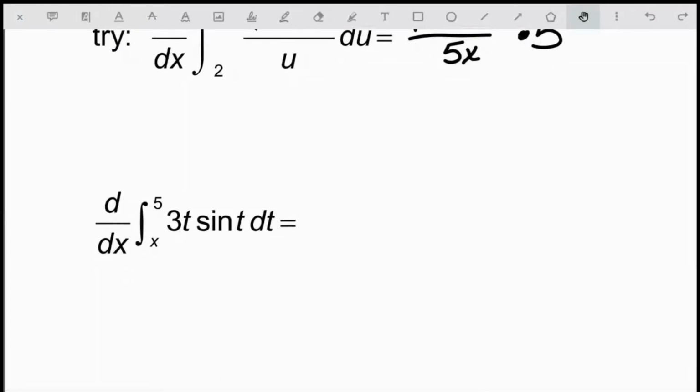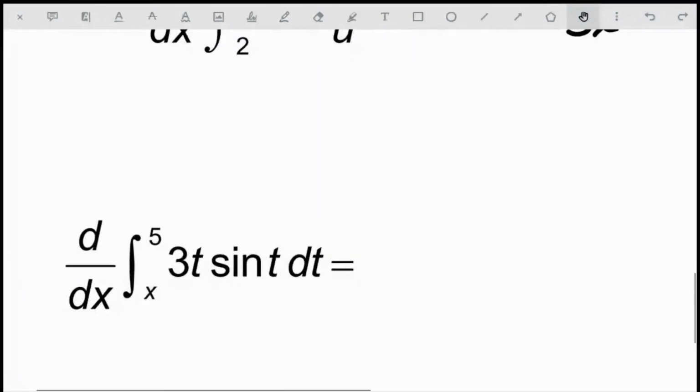Now here's another example. We've got an integral from x to 5 of 3t sine t dt. And notice that the limit of integration that is a variable this time is the lower limit of integration. So with that being the case, if you think through the antiderivative process, we would have the antiderivative at 5 minus the antiderivative at x.